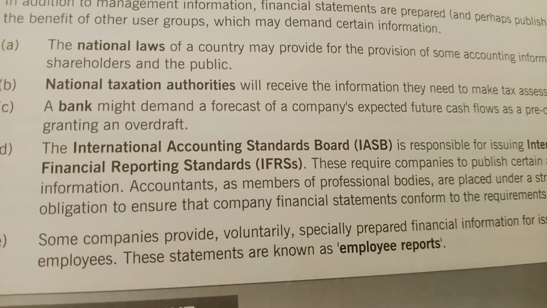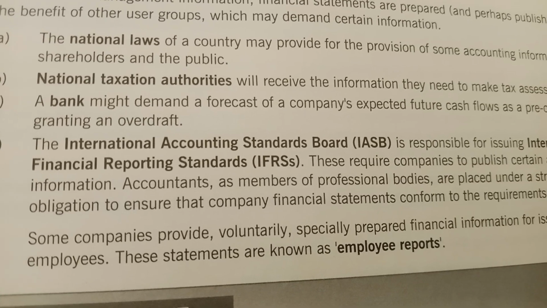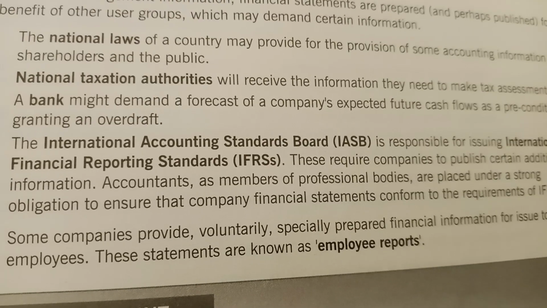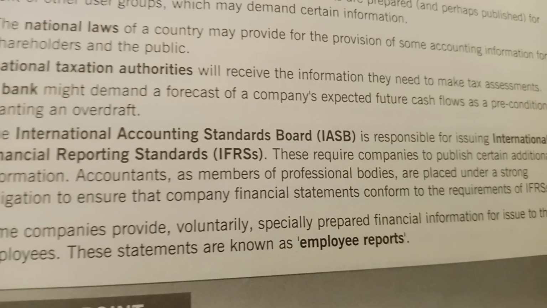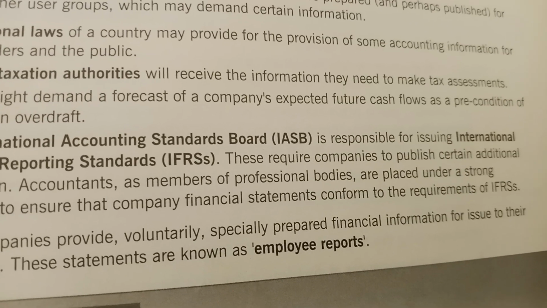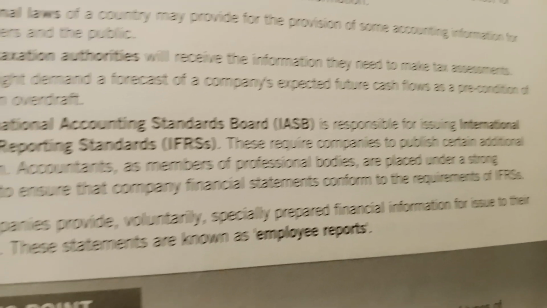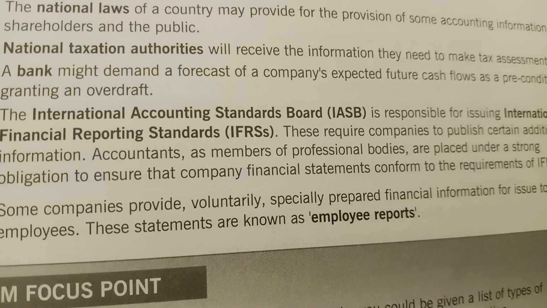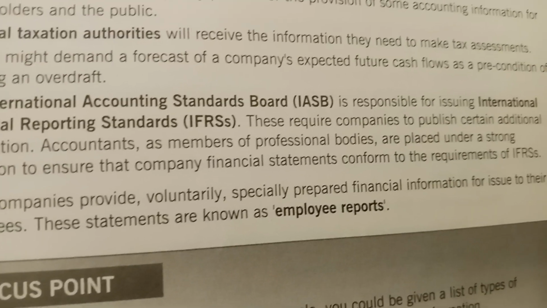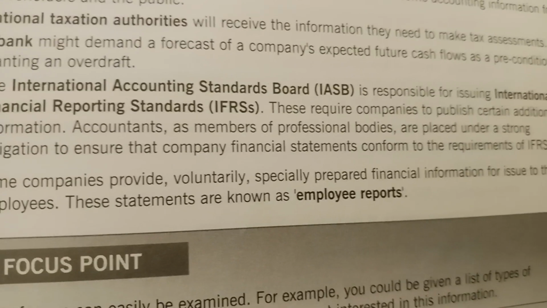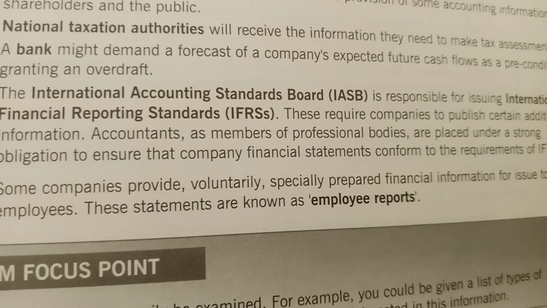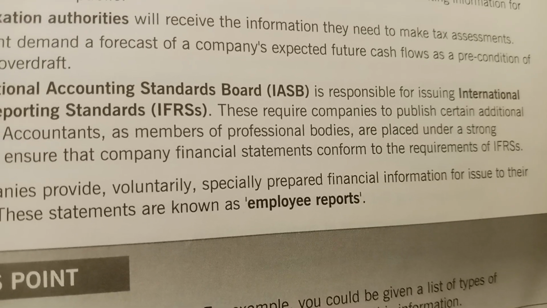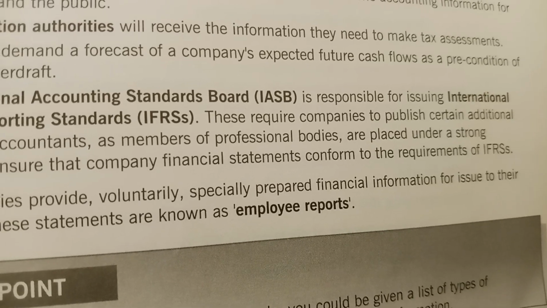You see, the International Accounting Standards Board is responsible for issuing International Financial Reporting Standards. Those require companies to publish certain additional information. Accountants, as members of the professional bodies, are placed under a strong obligation to ensure that company financial statements conform to the requirements of the International Accounting Standards Board.